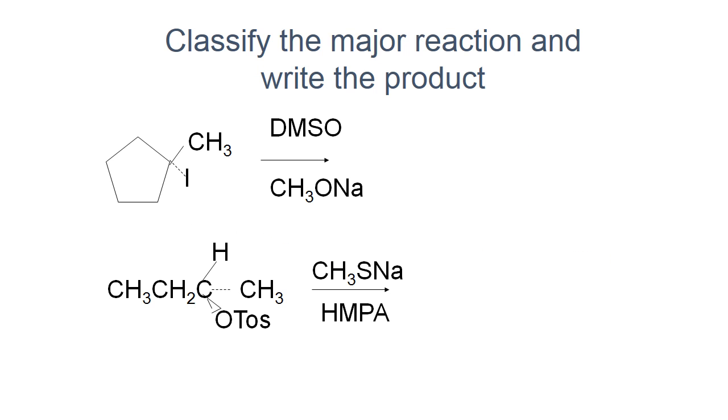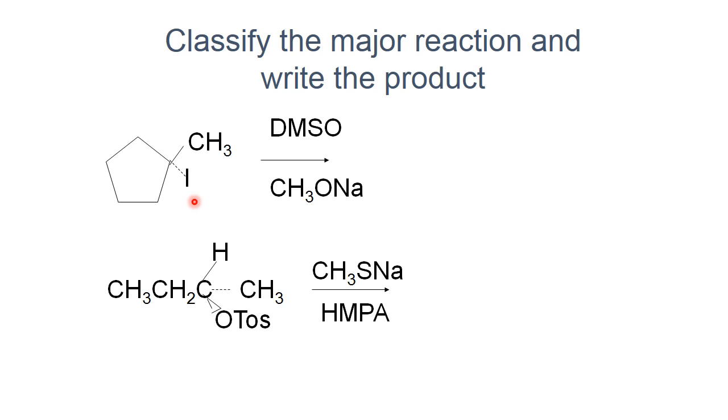Classify the major reaction and write the product for these two reactions. Well, for this first reaction, the first thing that you notice is that we have a tertiary halide. We can eliminate SN2, that's just not going to occur. Then I look over here and I see I've got a basic nucleophile.